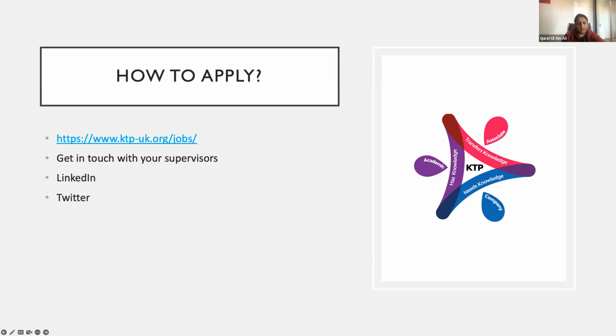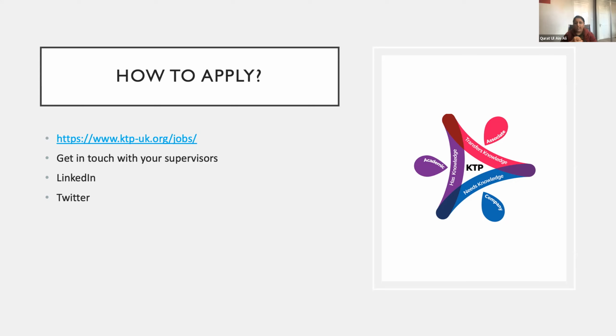Right. So the important question, how to apply. These vacancies are all advertised on this KTP website that I have put here. Another way to know these opportunities is to get in touch with your supervisors if they have a KTP project that got funded. That would be a good way to know the opportunities.